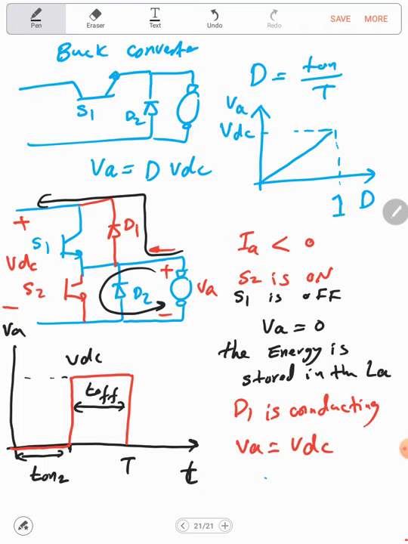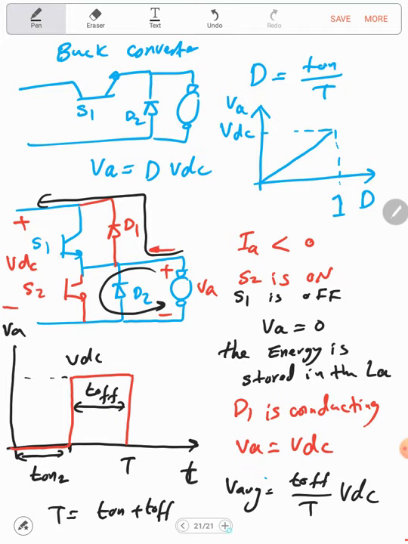So the same thing here, if I need to find the average value, V average, it will equal T off over T multiplied by V DC, and we know that T is equal T on plus T off.